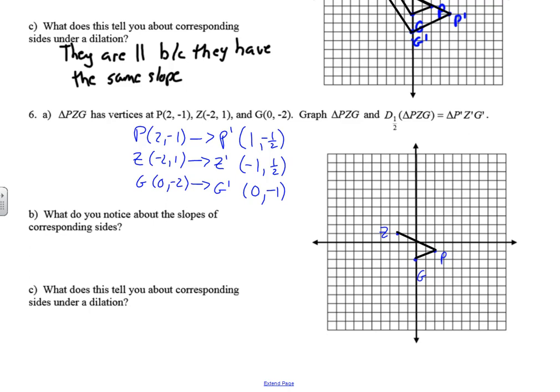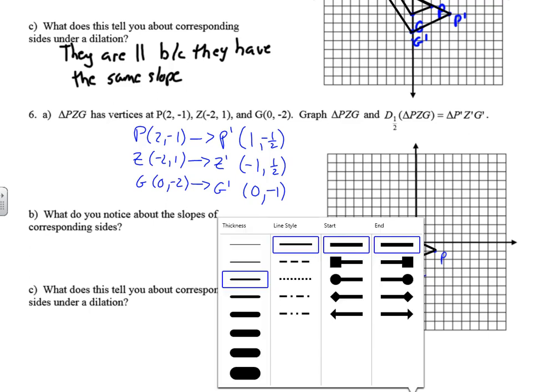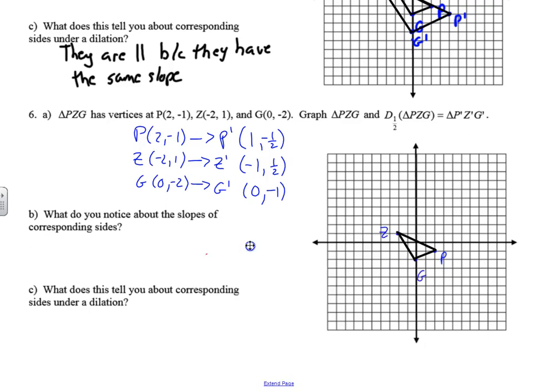And then basically everything just gets half of the distance closer to the origin. So 1, -1/2 is going to be here, and then -1, 1/2 would be here, and that's just our triangle, P prime, Z prime, G prime.